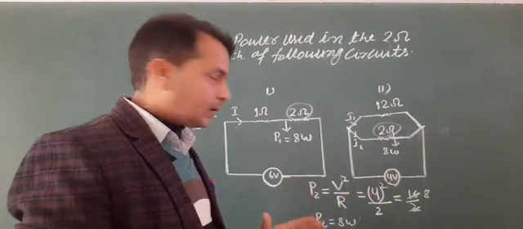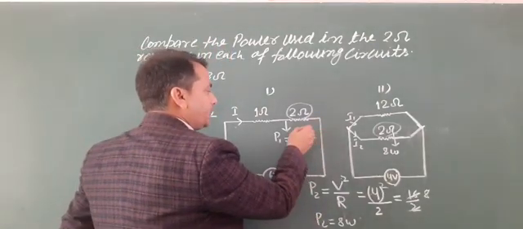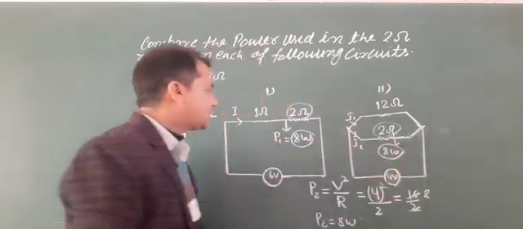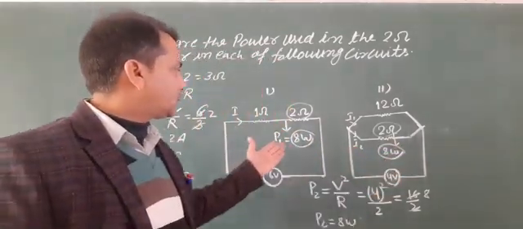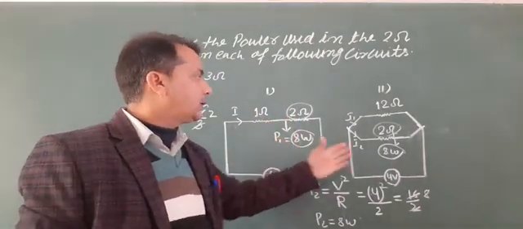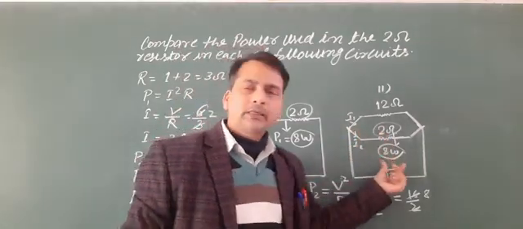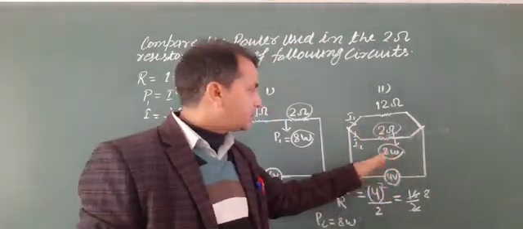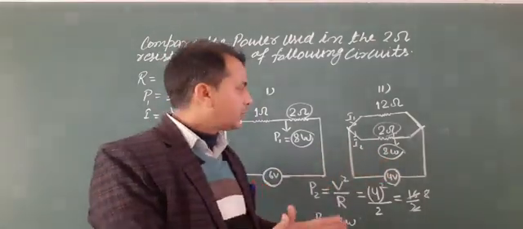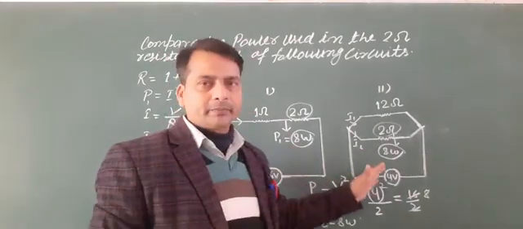The power of the 2 ohm resistor in each circuit is the same, because the power in the first circuit is 8 watt, and the power on the 2 ohm resistor here is also 8 watt. The power in each circuit will be the same.